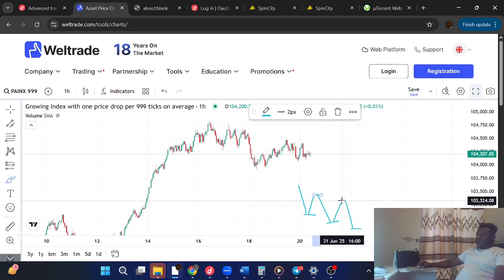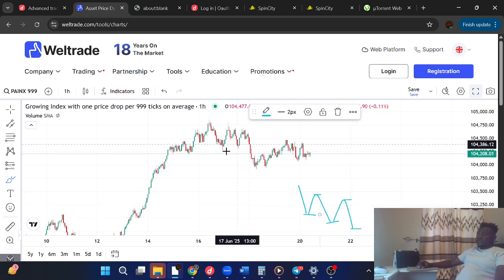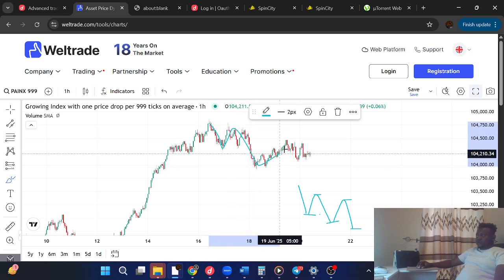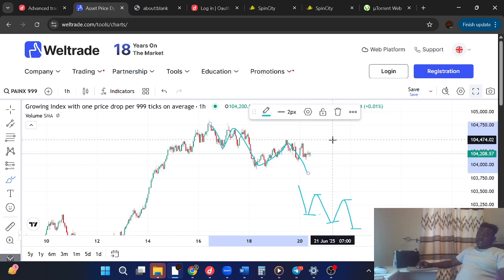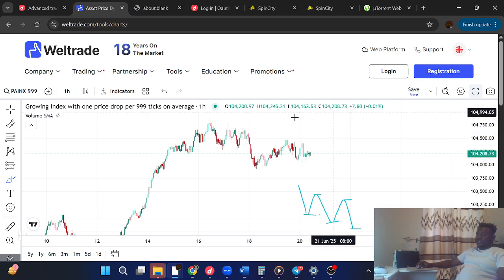So this is a lower high, this is a lower high. As the market goes down, we are creating lower lows. So you can see right here that this is a lower low, lower high, lower low, lower high, and basing on that theory, it's supposed to create another low as it goes down. So just like that, you know what the market will do, right? You already know, but you don't have the entry.